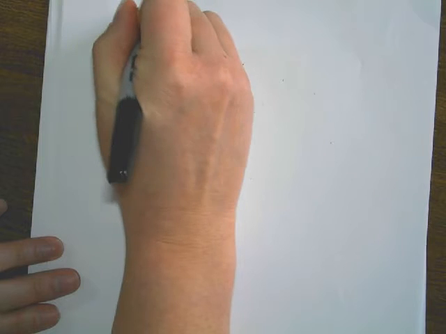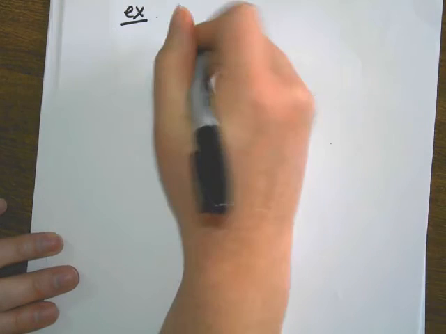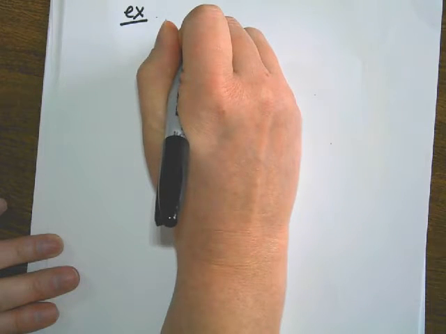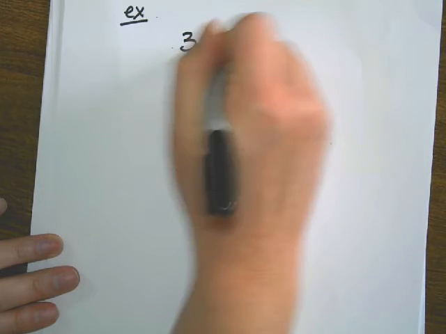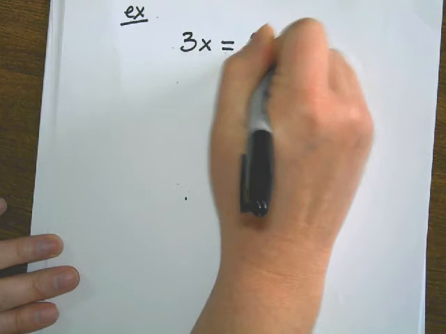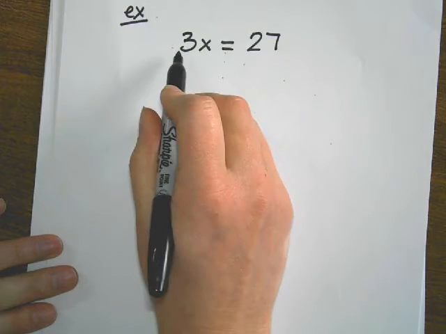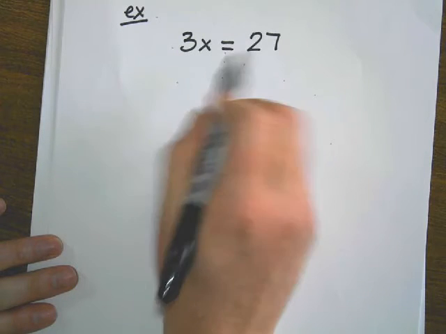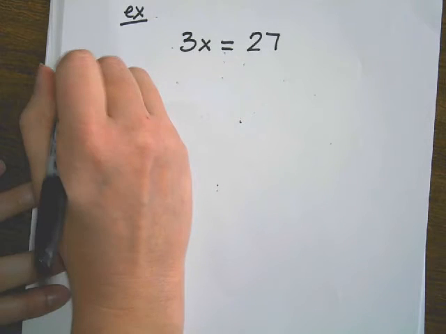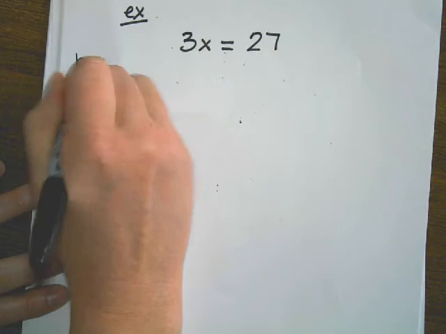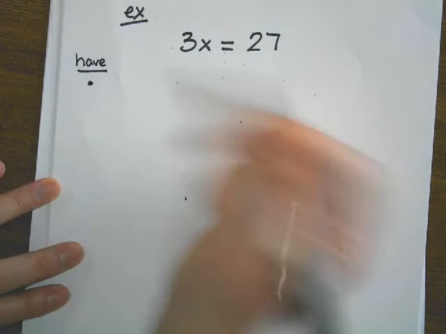Let's do another example here. If I have, for example, 3x equals 27. So I'm saying 3 times some number is going to equal 27. Well, I come over here and I make my little chart and I say I have multiply.